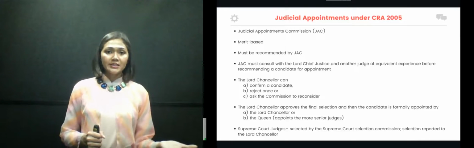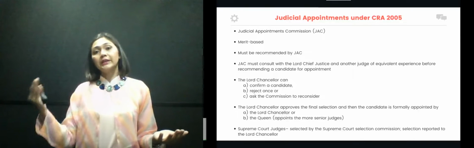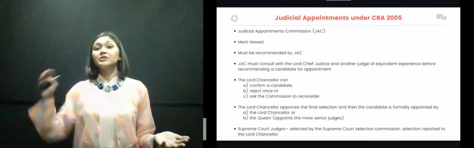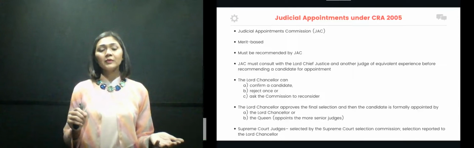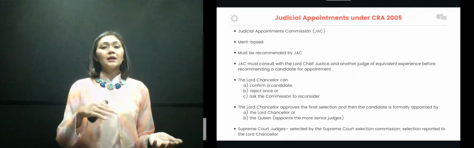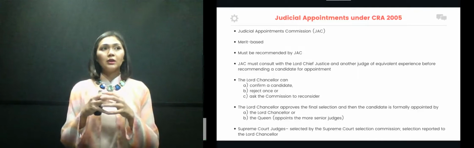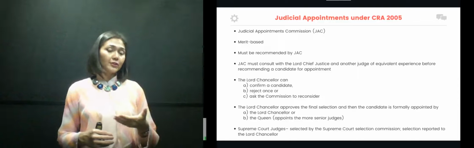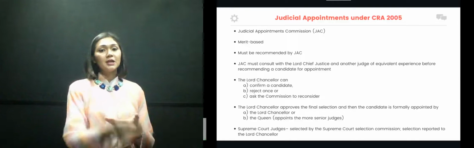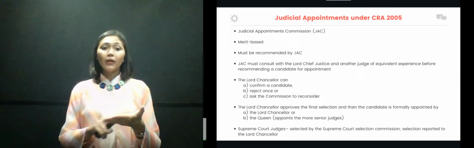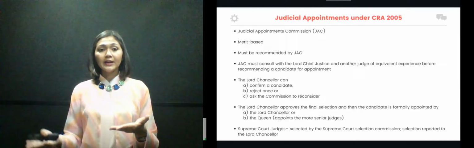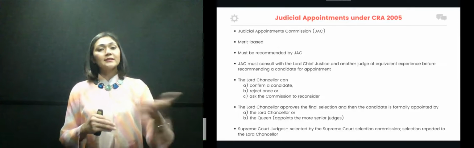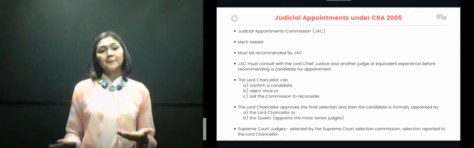So JAC will then consult the Lord Chief Justice, who is the head of the judiciary, before recommending a judge for an official appointment. When the Lord Chancellor receives the nomination from the JAC, he can either confirm the candidate, reject the candidate, or ask the commission to reconsider.